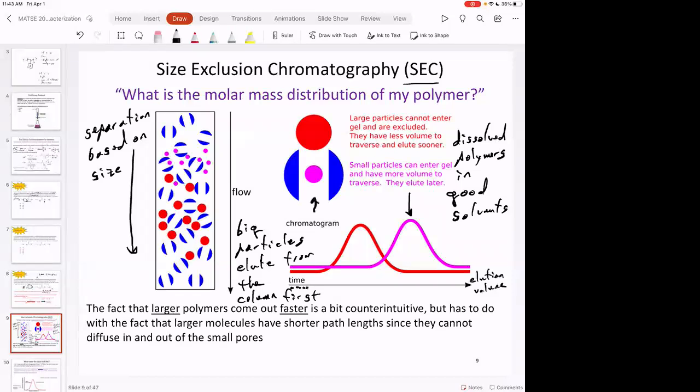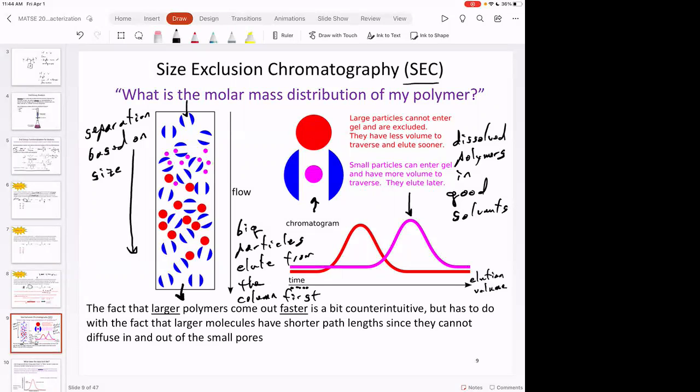So the setup here is that you're putting solvent with dissolved polymer in the top, and then you're flowing that polymer and solvent down through this column. So you're moving solvent through this column. So as a function of time, you're getting more and more volume that comes out the bottom of the column.